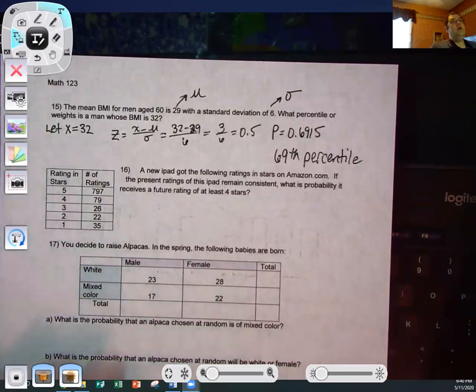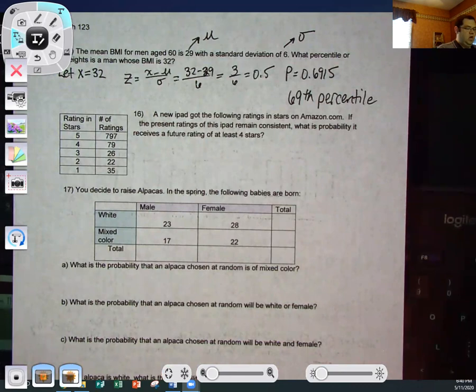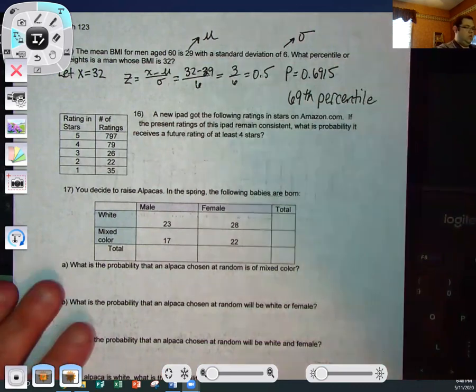All right. Question 16. So for question 16, a new iPad got the following ratings and stars on Amazon.com. If the present ratings of this iPad remain consistent, what is the probability that it would receive a future rating of at least 4 stars?